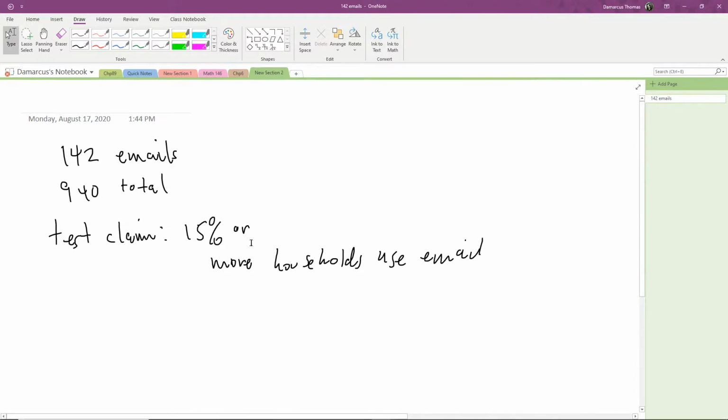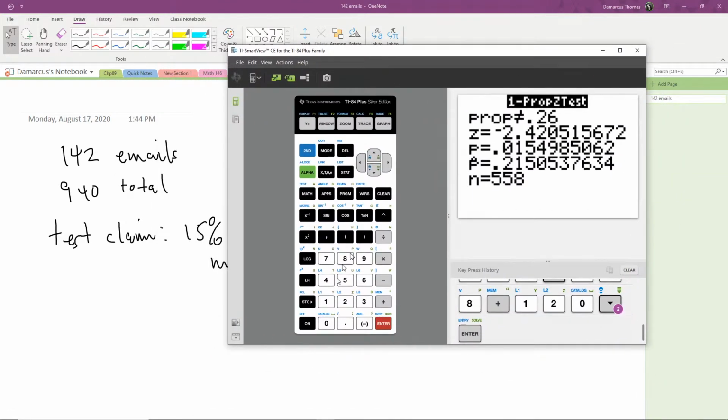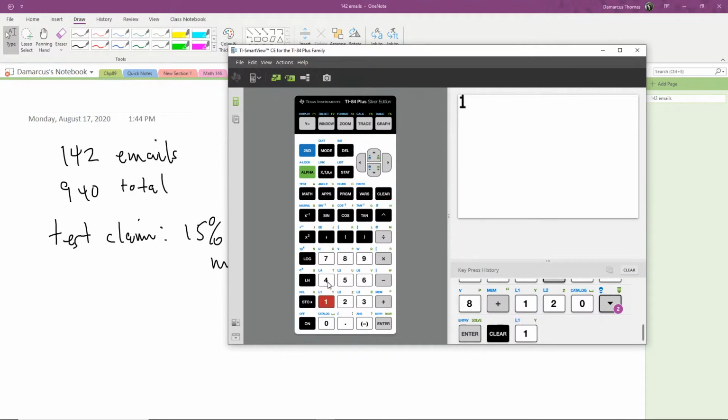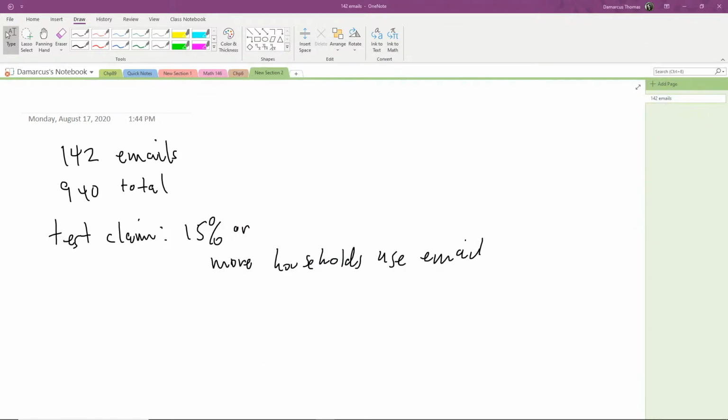So let's see what this proportion is. I mean, it's about 15% maybe. Let's see, 142 divided by 940. That's a little bit above 15%. Is this enough evidence?